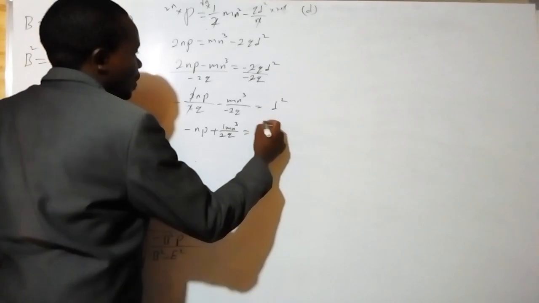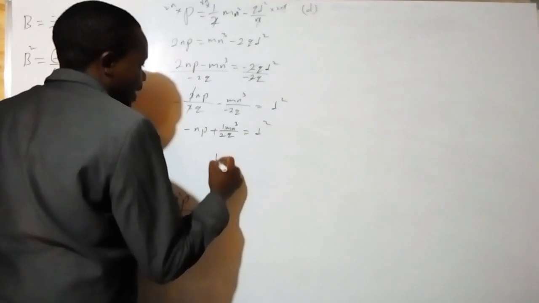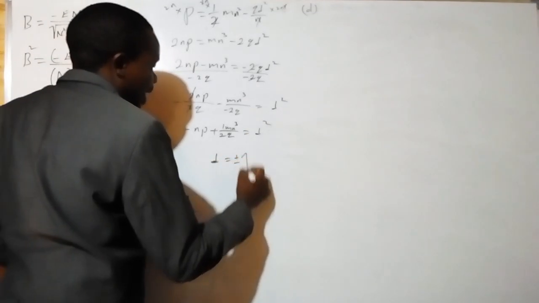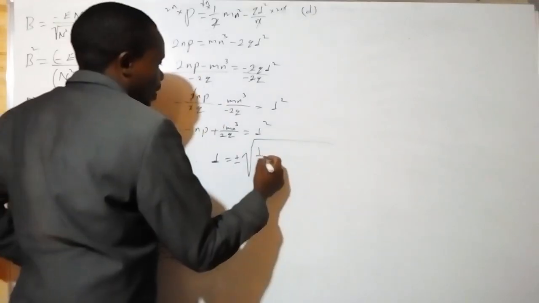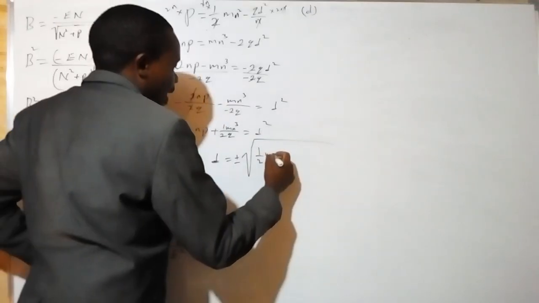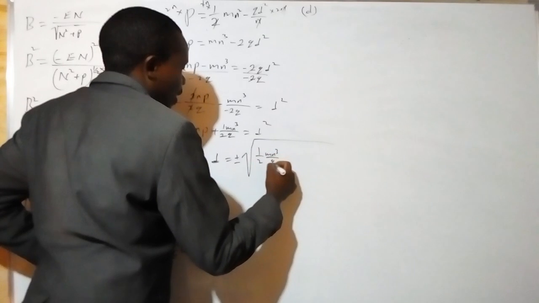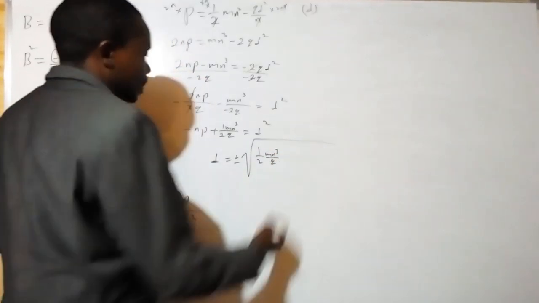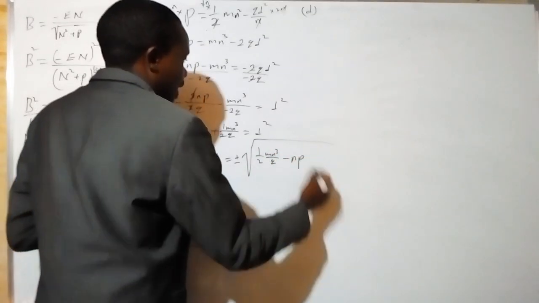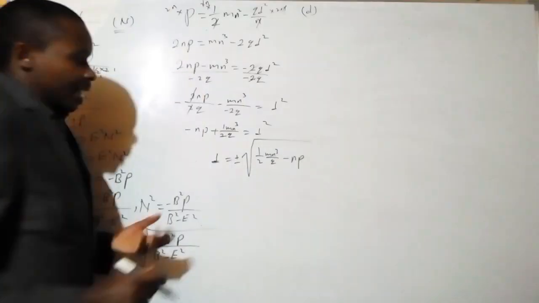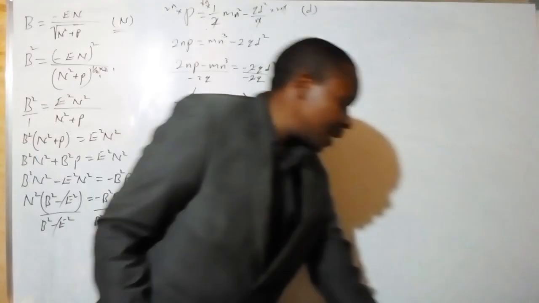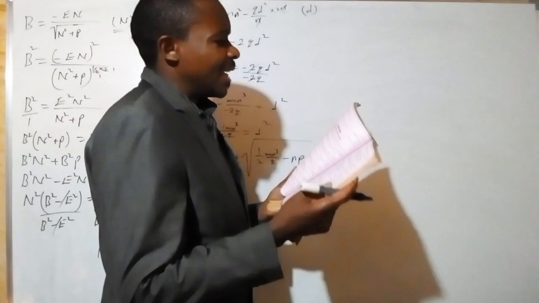You can say that our d will be plus or minus the square root of 1 over 2 mn cubed over q, minus np, as the correct answer. It's the correct answer.